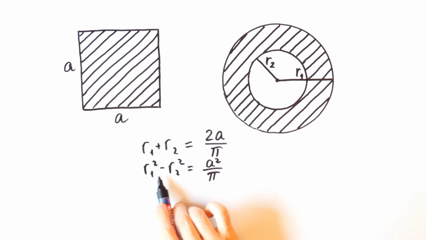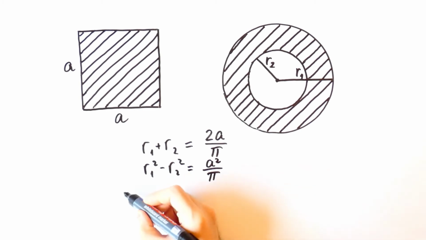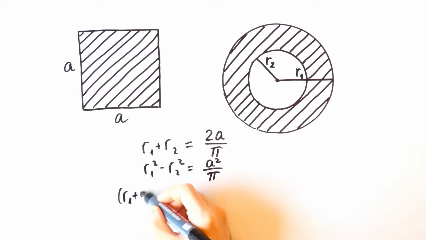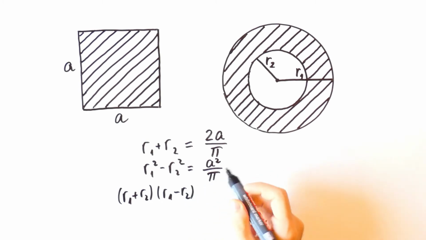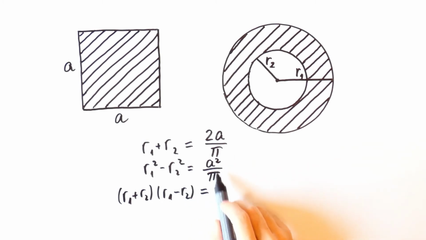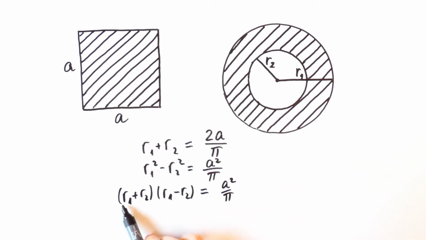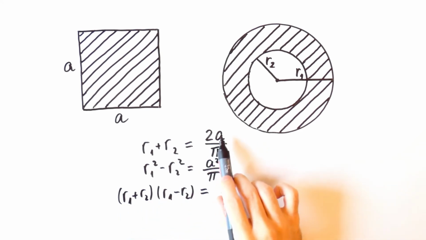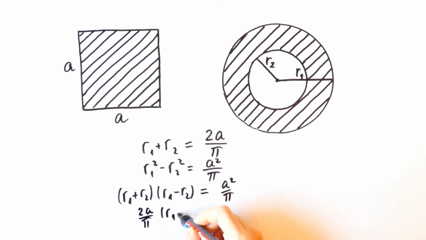Now r1 squared minus r2 squared is the difference of squares, so it is equal to r1 plus r2 times r1 minus r2. And that is equal to a squared over pi. But r1 plus r2 is equal to 2a over pi, so 2a over pi times r1 minus r2 is equal to a squared over pi.